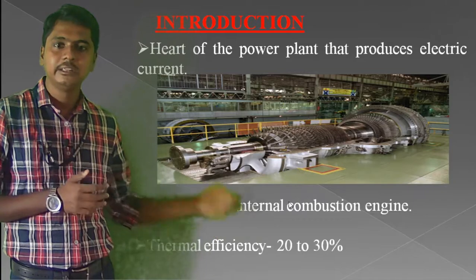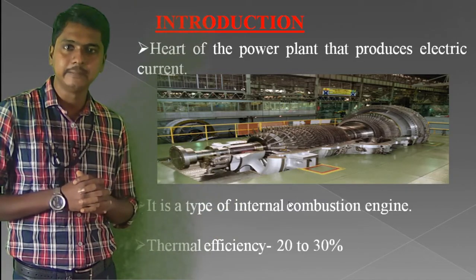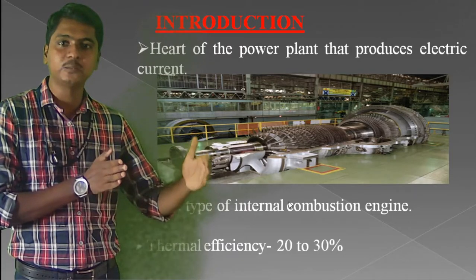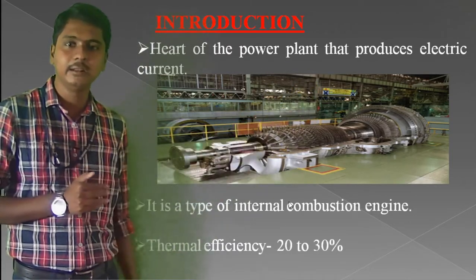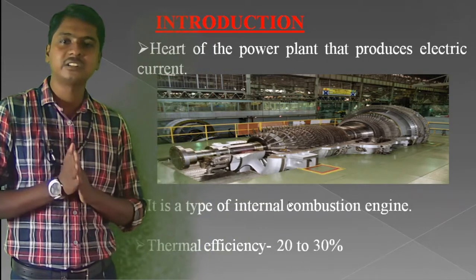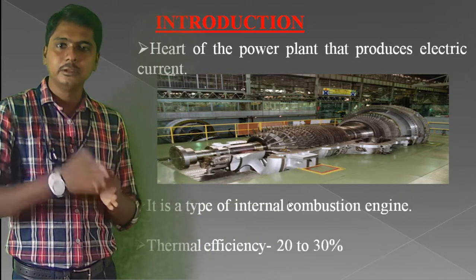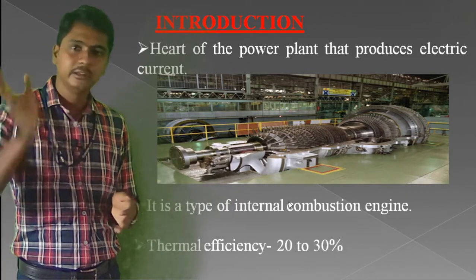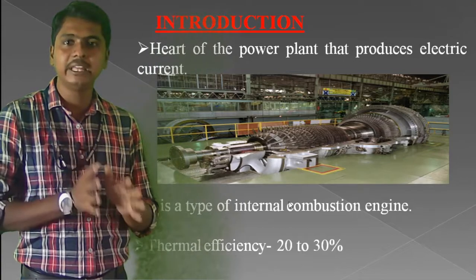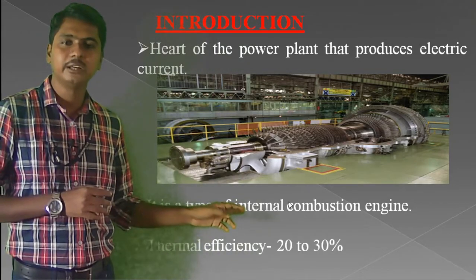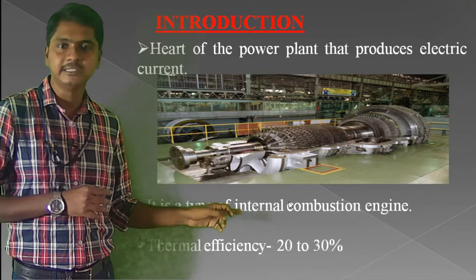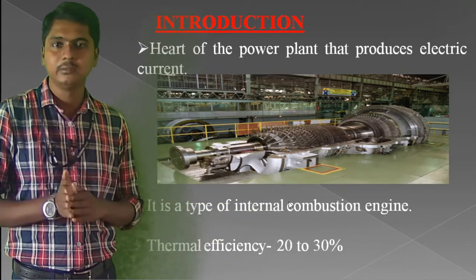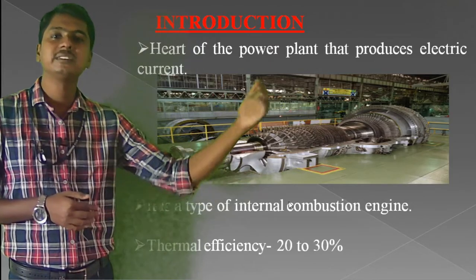If the combustion of air and fuel takes place outside the engine cylinder, then it comes under external combustion engine. Your petrol engine, diesel engine, your bike, the automobiles you see nowadays, all come under internal combustion engine. The steam engine that was used in ancient times comes under external combustion engine.